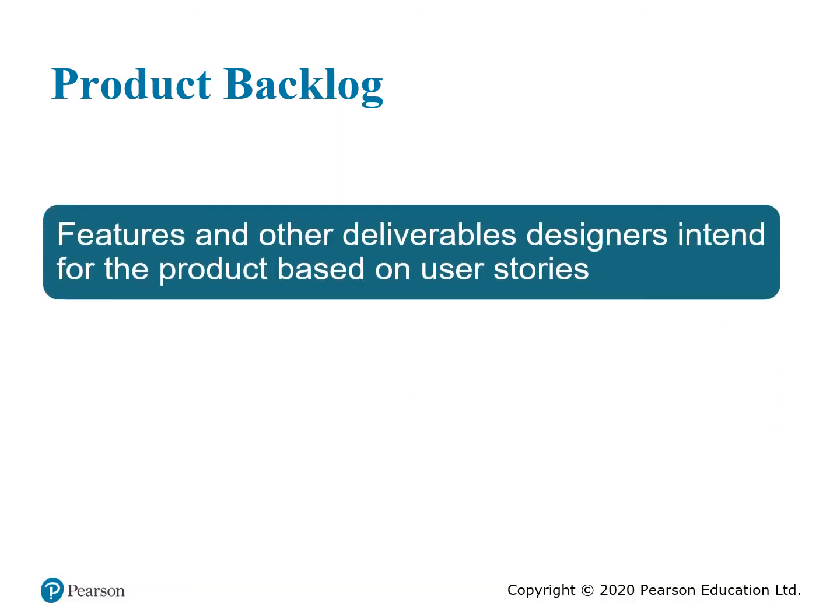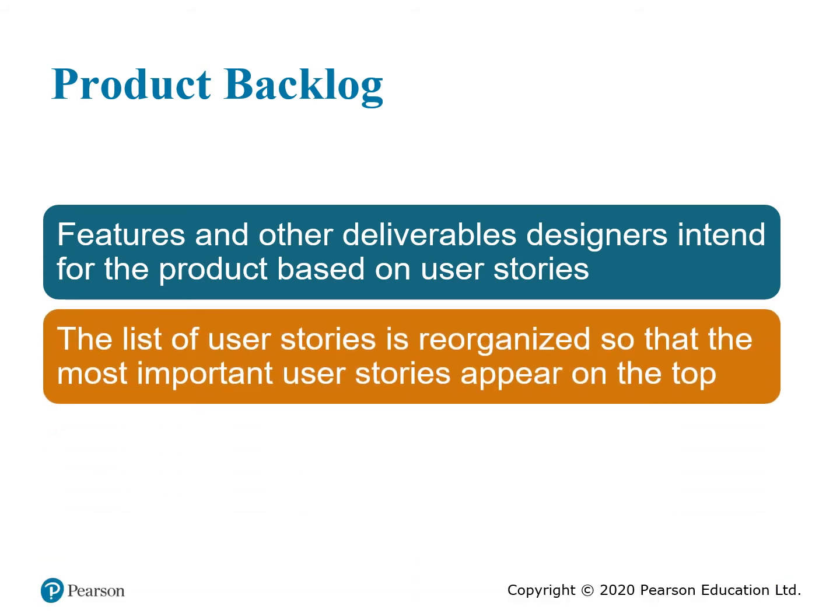Now let's have a look into each phase one by one. The product backlog, as we said, is the features and other deliverables designers intend for the product, based on the users' stories. The list of users' stories is organized so that the most important user story appears at the top of the list.